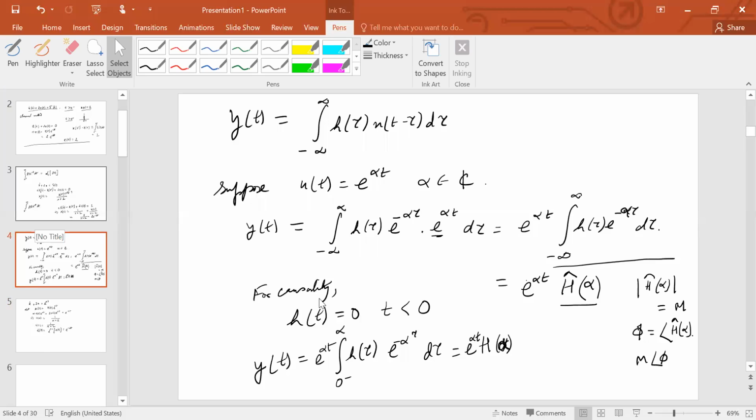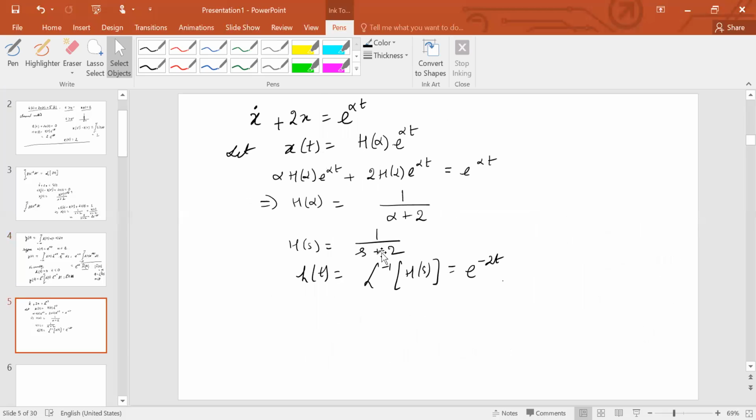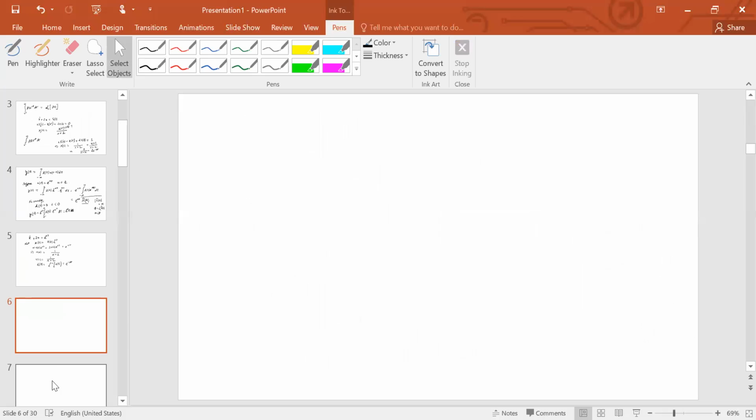I ignored it because the function is very simple, and this comes straight out of the Laplace transform table. You can read it off that it is the exponential. So you know this particular result: F(s) is given by the integral from 0 minus to infinity of f(t) e to the power minus st dt. This is the first step, and this is equal to the Laplace transform of f(t).